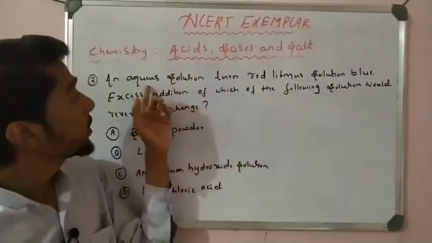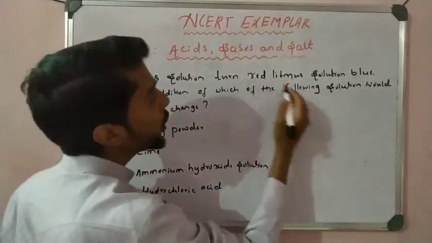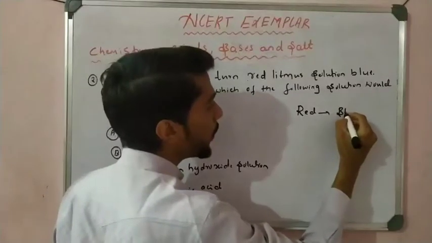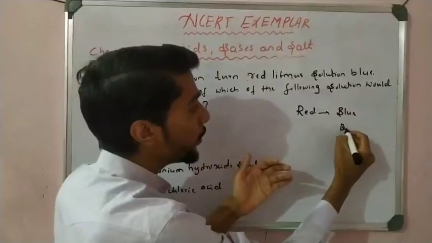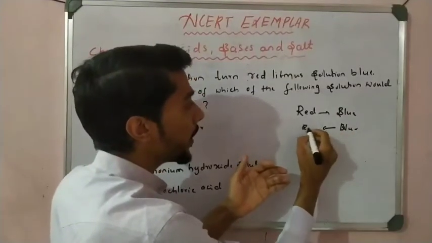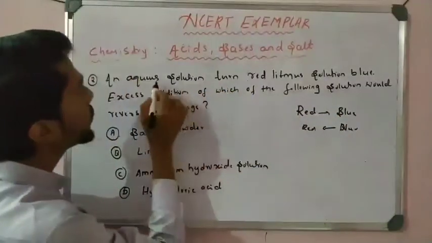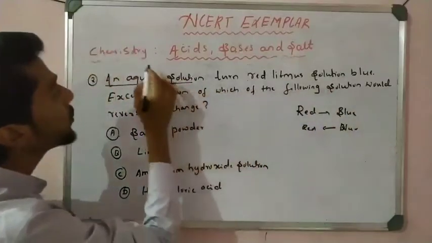The aqueous solution turns red to blue, red litmus paper to blue. Now we have to reverse this, meaning we have to make that blue to red. How to reverse it? Red to blue means this solution is a base.